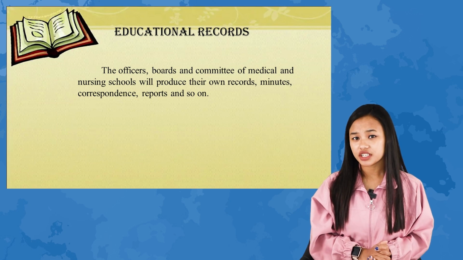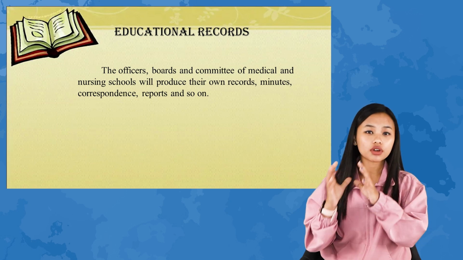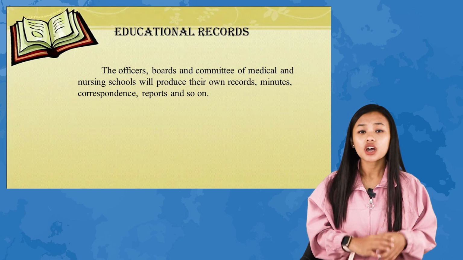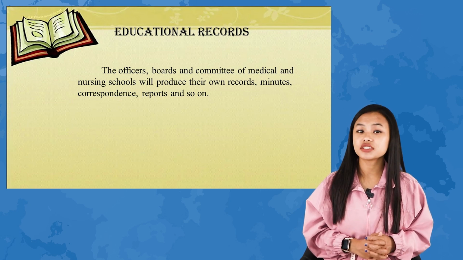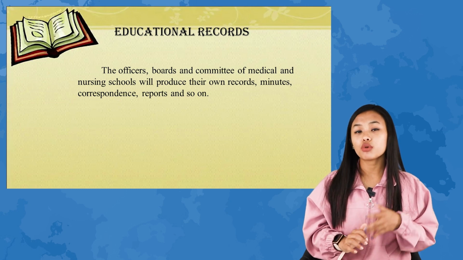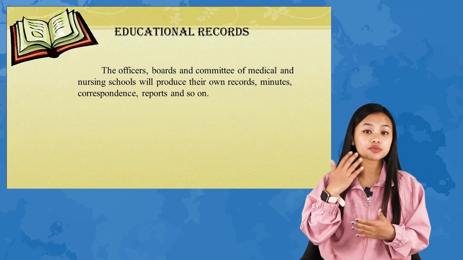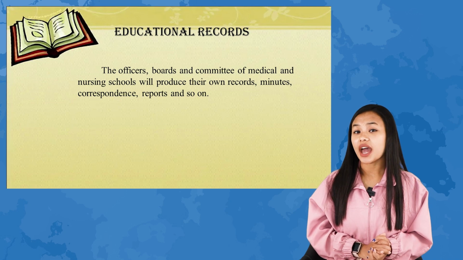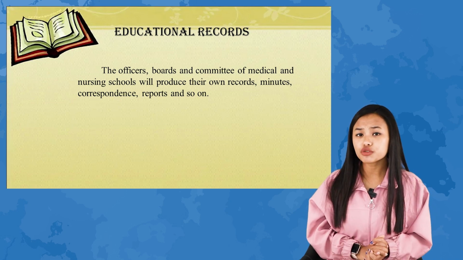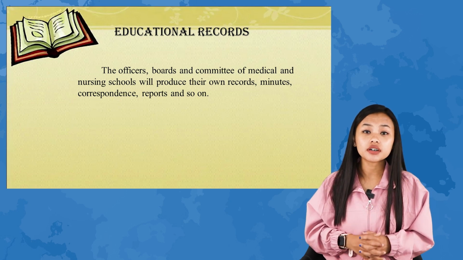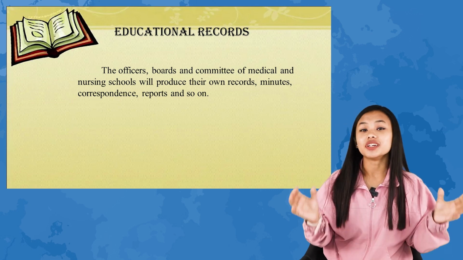Now moving on to the next one, that is the educational record. Here the officers, board and the committee of the medical as well as the nursing school will produce their own records, their own minutes, correspondence, reports and so on. This educational record may also be found if there is a teaching component within the hospital.